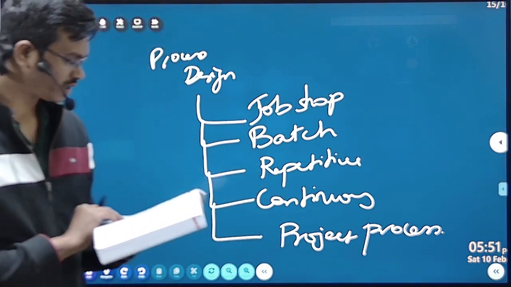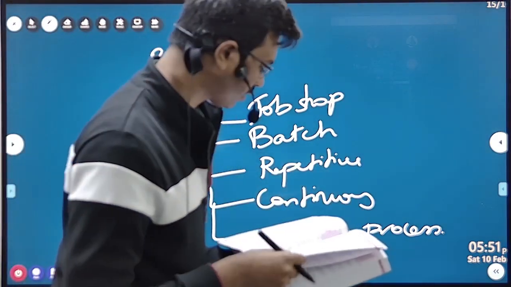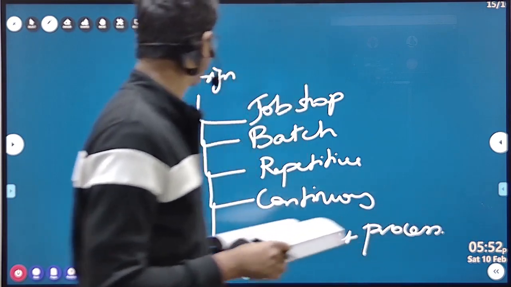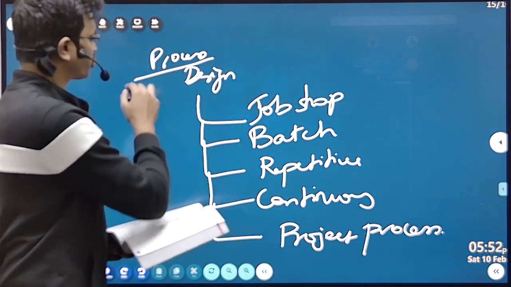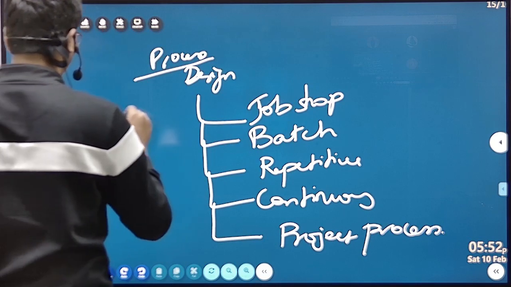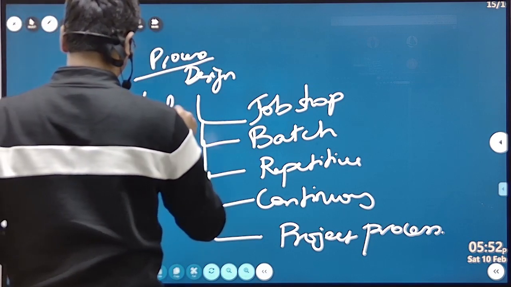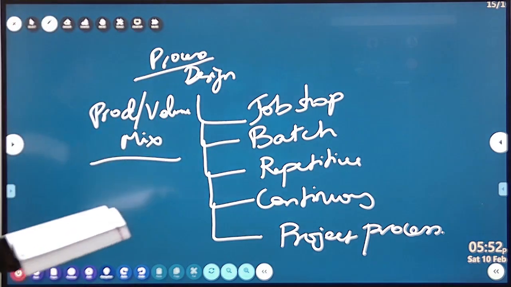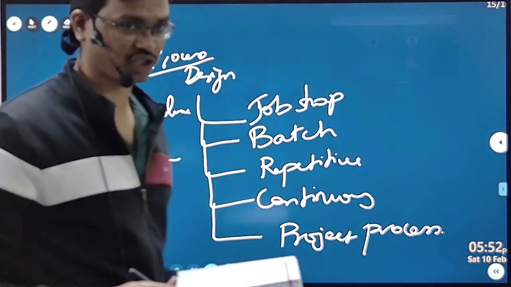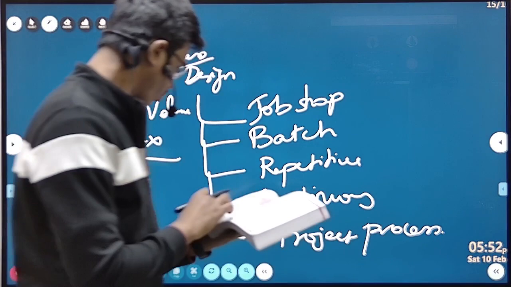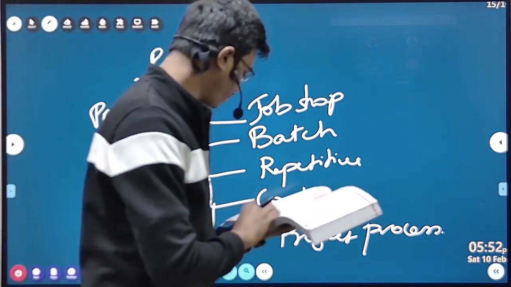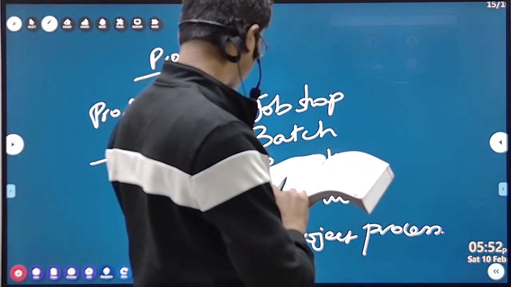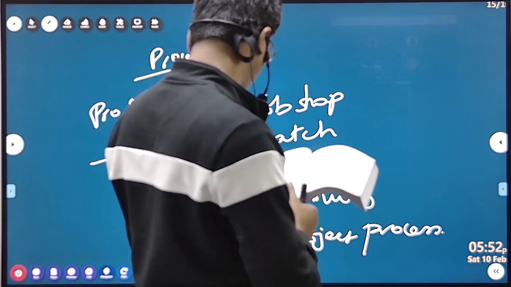Which process to use for what product and volume mix is a very key decision in operations management. So we will have a basic look at what these processes are.